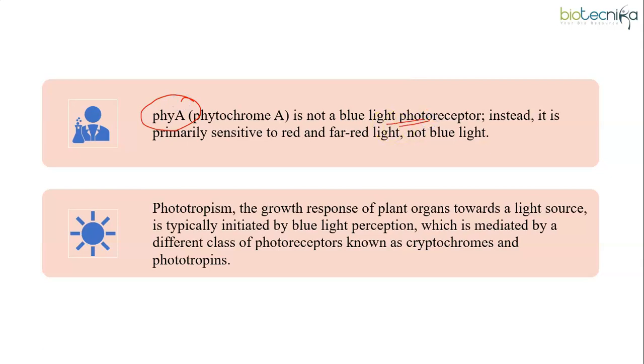Rather, it is related to red light and far red light. Phototropism, as I have already told you, is a growth response of plant organs towards the light source, and this can be initiated by blue light perception. For accepting this blue light, we have the defined photoreceptors known as cryptochromes and phototropins.